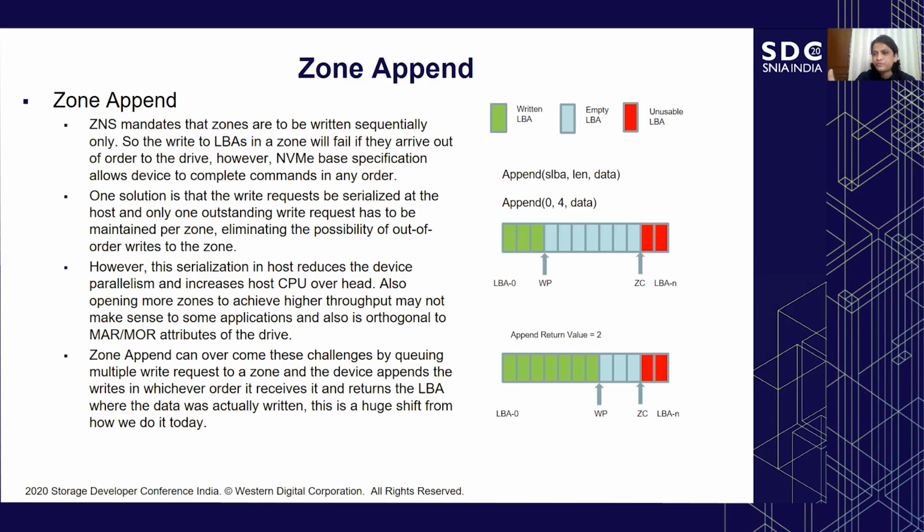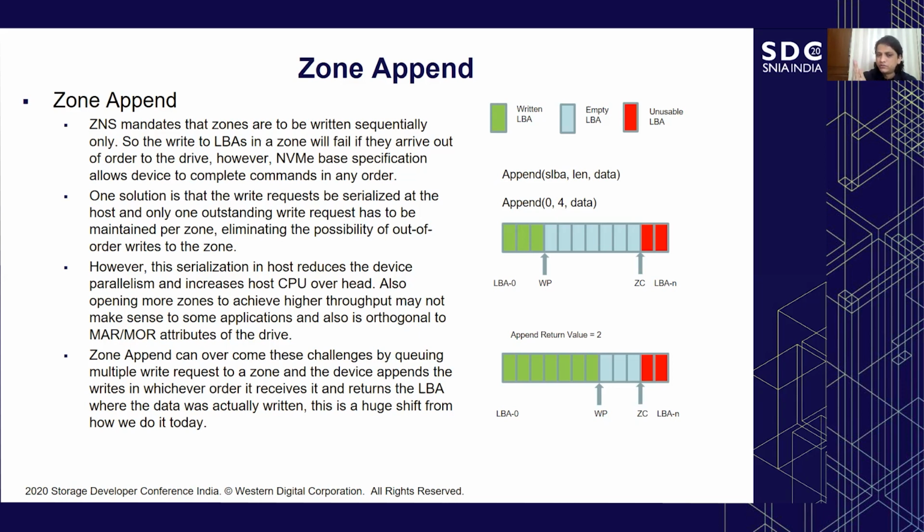So you're serializing it, and now the device will not get requests out of order because it's only getting one request, in order. So you don't hit this write error. But this serialization in the host reduces the device parallelism.